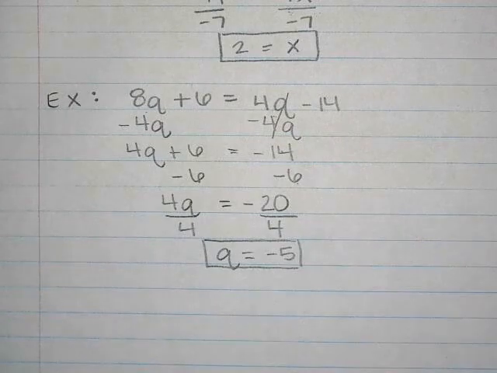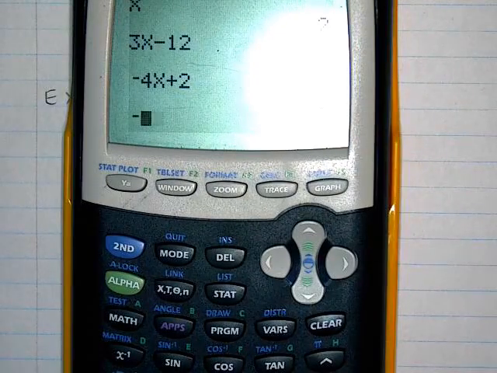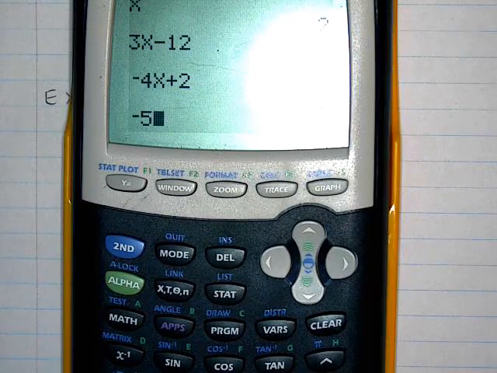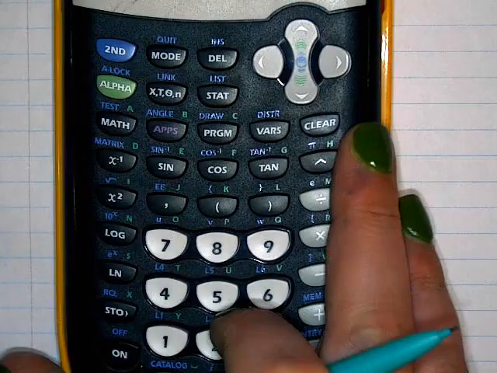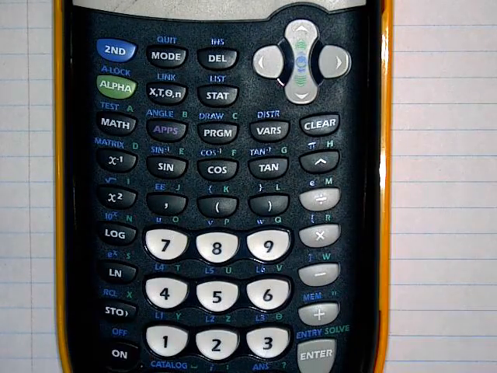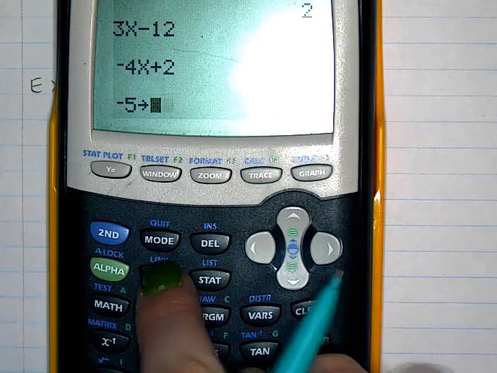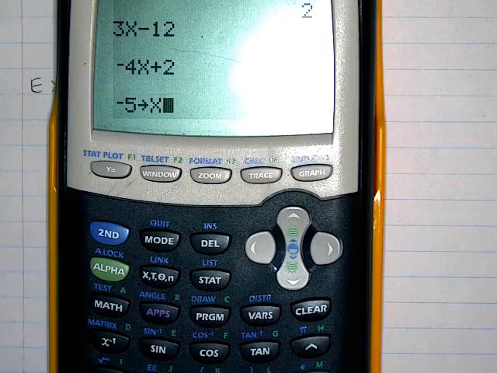Okay, so if we're going to check it, I'm going to type in a negative 5. You can make it a q, but you can also make it an x when you store it in the calculator. It doesn't matter. So I'm going to hit negative 5. I'm going to tell the calculator to store it. And I'm just going to use x because I prefer to always store them as x. So negative 5, store it as x.